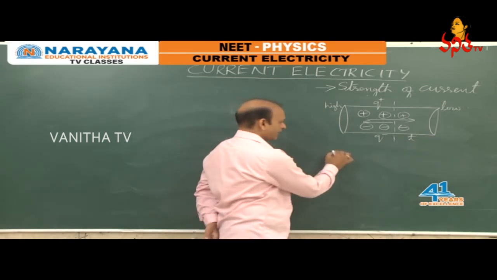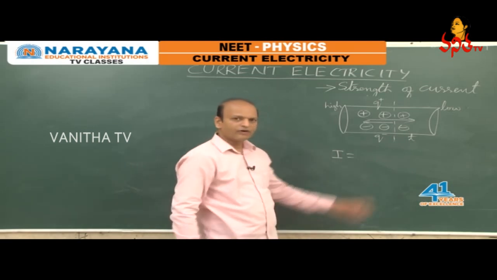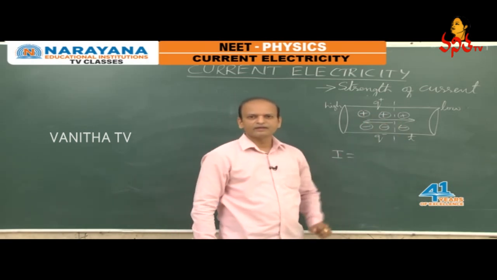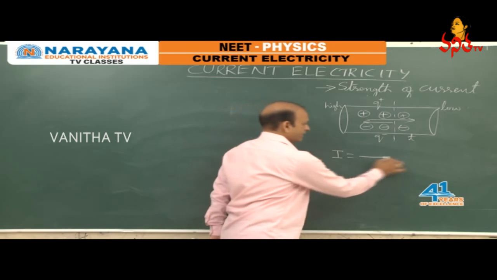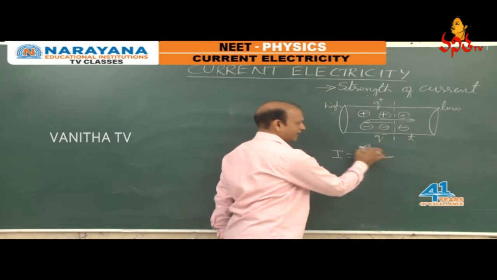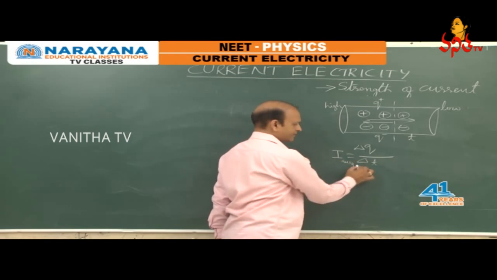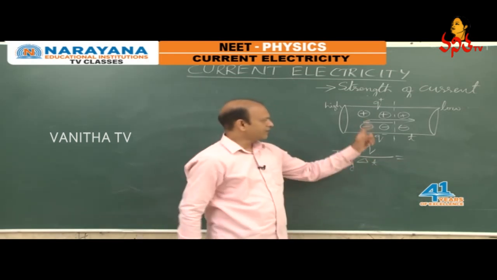Then the current due to the flow of these positive and negative ions is given by the net amount of charge. Total charge by total time taken is the average current. So what will be the average current in this case?